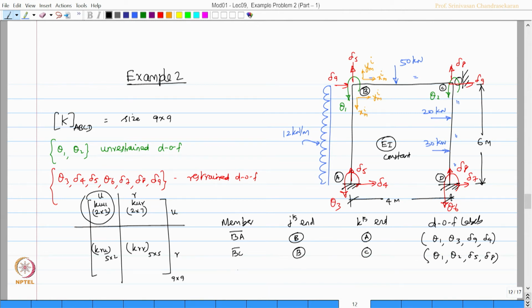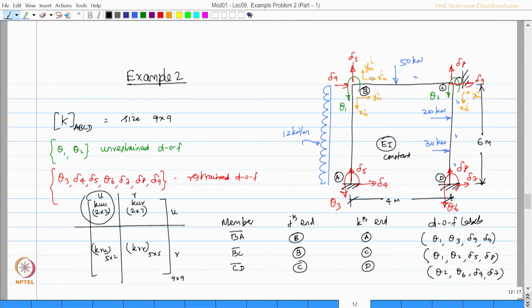Similarly, for the member CD, C is the jth end, D is the kth end. So, I am going to mark this again as XMI and YMI. Therefore, labels are going to be theta 2, theta 6, delta 9, delta 7.